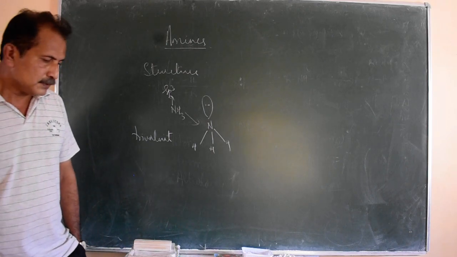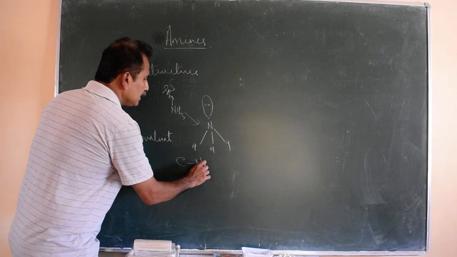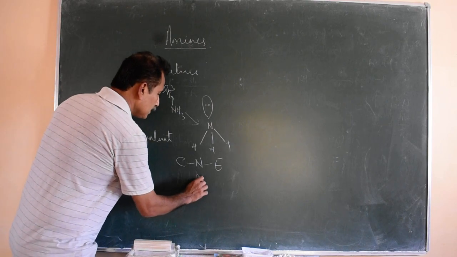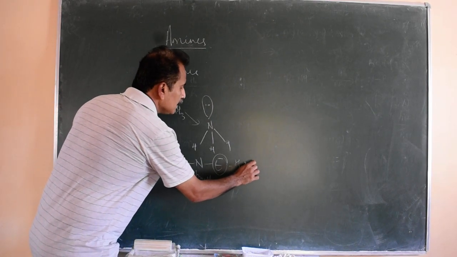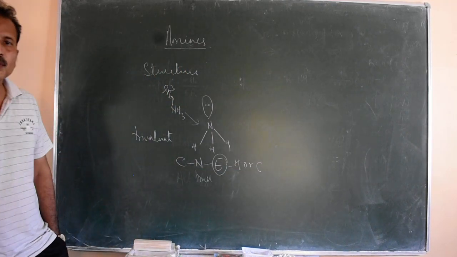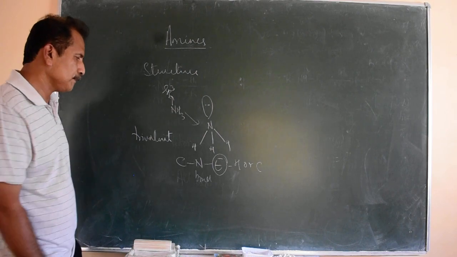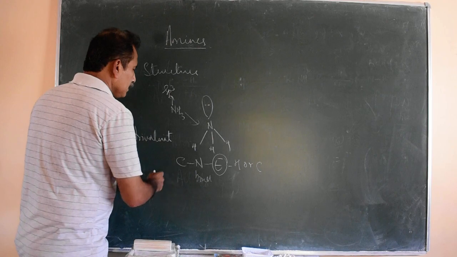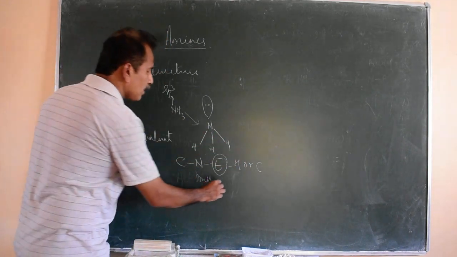Okay. Therefore, the C dash N dash E bond, where this E is nothing but H or C. It can be either hydrogen or carbon, depending, as I told you, upon the composition. This angle that is there, it is less than 109.